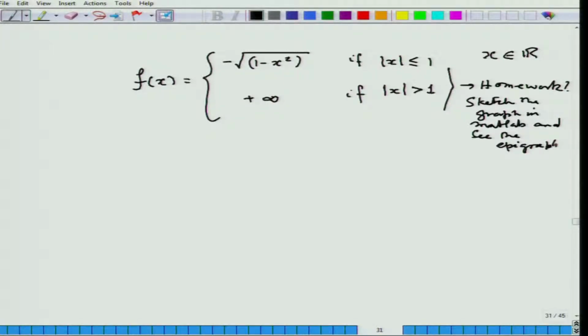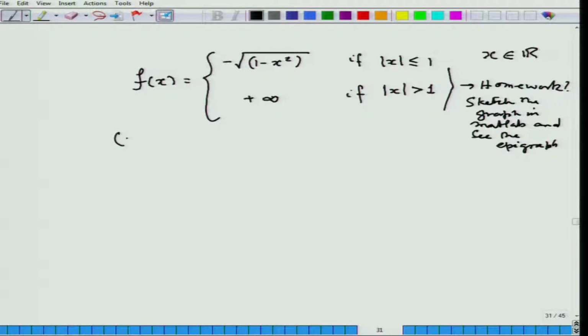Also, you observe that if I put x equal to 1 or x equal to minus 1, at that point the functional value is 0. So, it is finite, but it does not have a non-empty subdifferential at that point. The subdifferential at that point is empty.